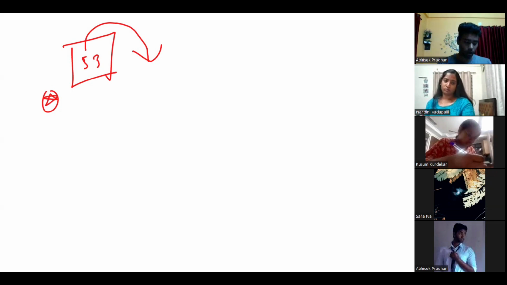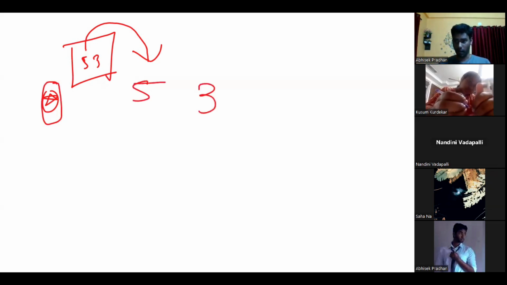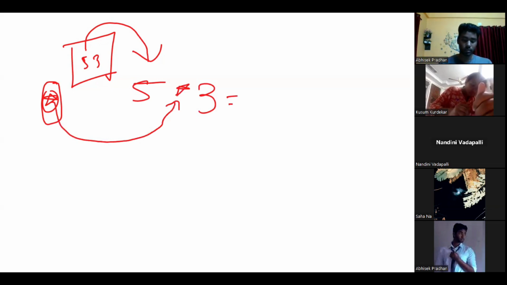So 5 and 3 are present in the stack, and you have encountered this star symbol, which means multiplication. So 5 and 3 will be popped out, the operator will be added in between, and the operation will be performed. So after this, my value will be 15.